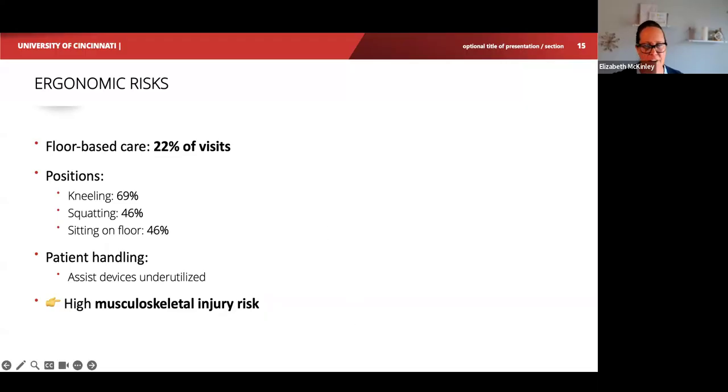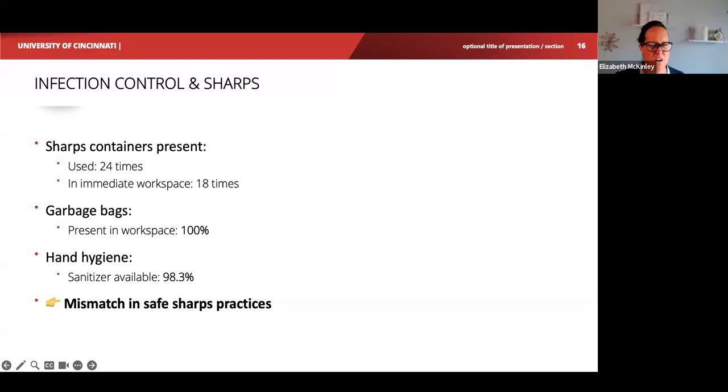The other thing we found out, which is seen in other previous data, is assistive devices were not used or were underutilized. Sharps containers were in the immediate area of the worker 18% of the time.